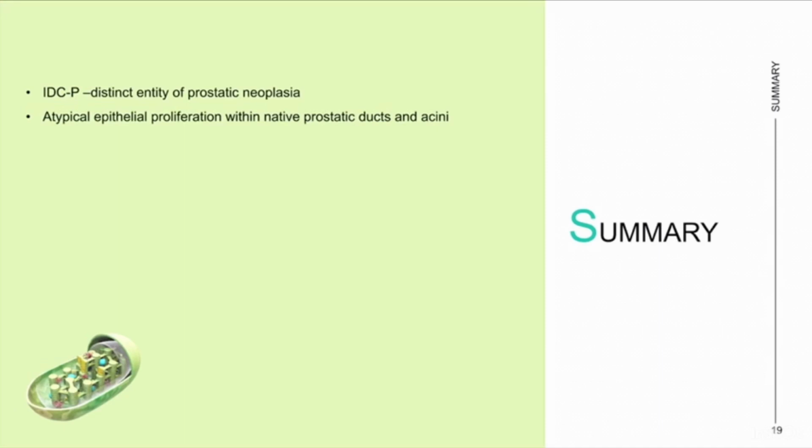Either way, it is atypical epithelial proliferation within enlarged prostatic ducts and acini, which will show complex architecture, either solid or cribriform, which has less than 50% luminal space, or micropapillary or loose cribriform pattern with comedonecrosis or significant nuclear atypia.